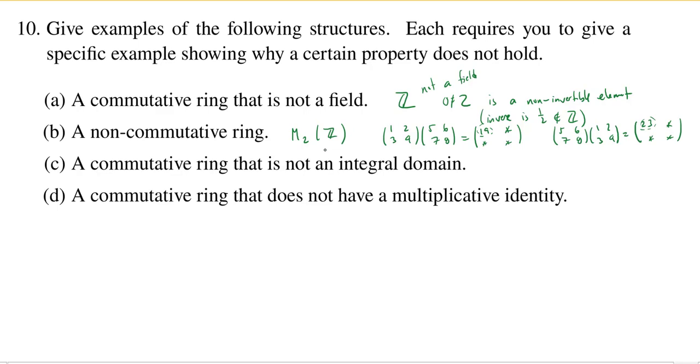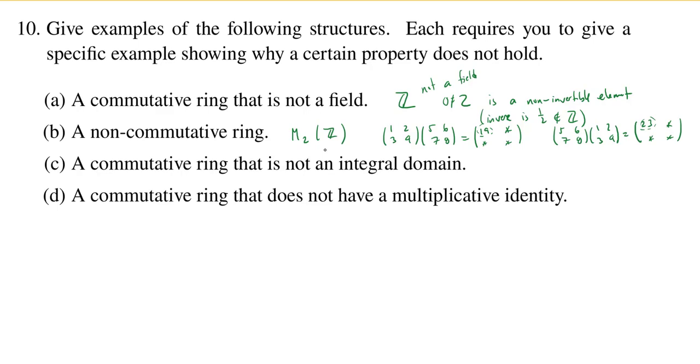All right, part C. We're looking for a commutative ring that is not an integral domain. To be an integral domain, you need to satisfy the zero divisor property, namely, if you take two non-zero elements, their product should be non-zero. So we have a wonderful collection of examples that all look like Z mod nZ.